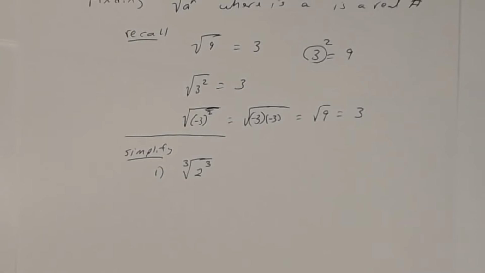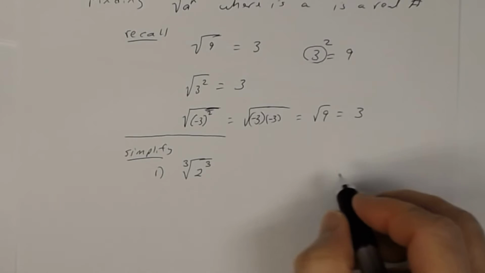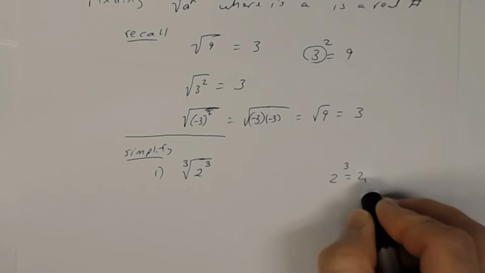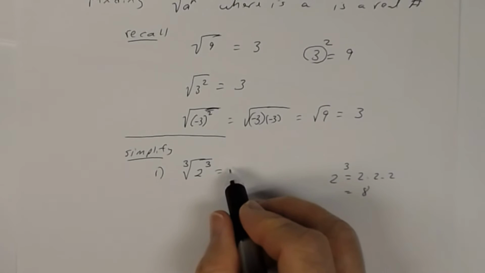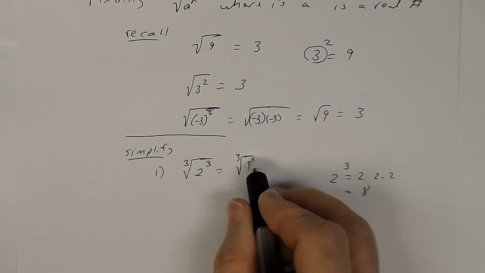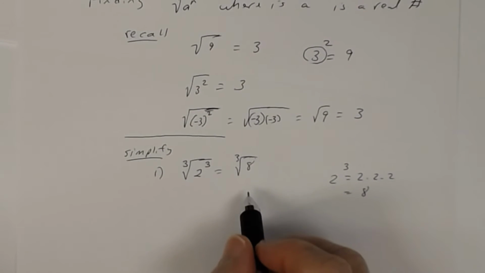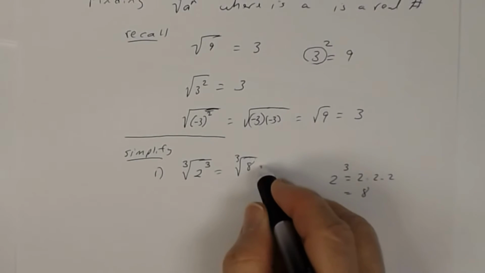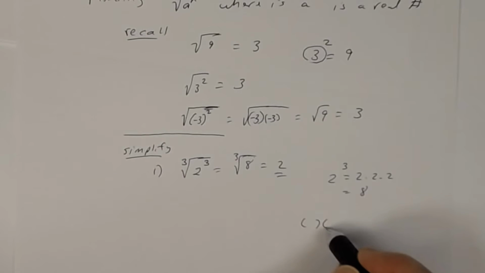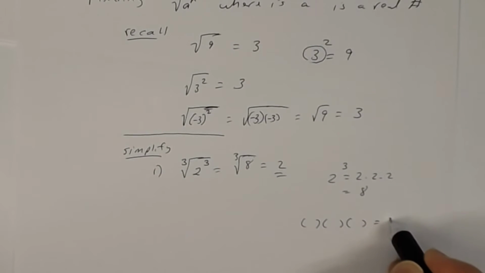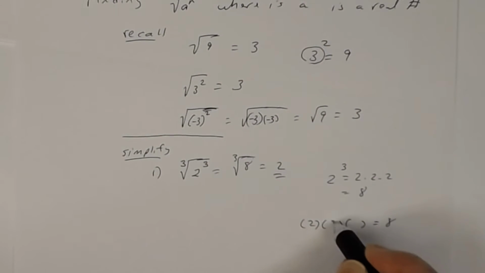Okay, first of all, if you do it the long way, 2 to the third means 2 times 2 times 2, which is 8, right? And so this becomes the cube root of 8, and you all know that the cube root of 8 is just 2, because the cube root of 8 means what times itself 3 times is 8, and so that's 2.